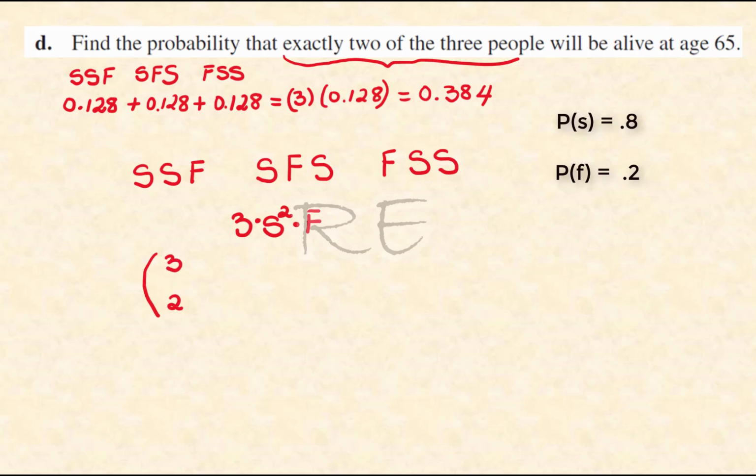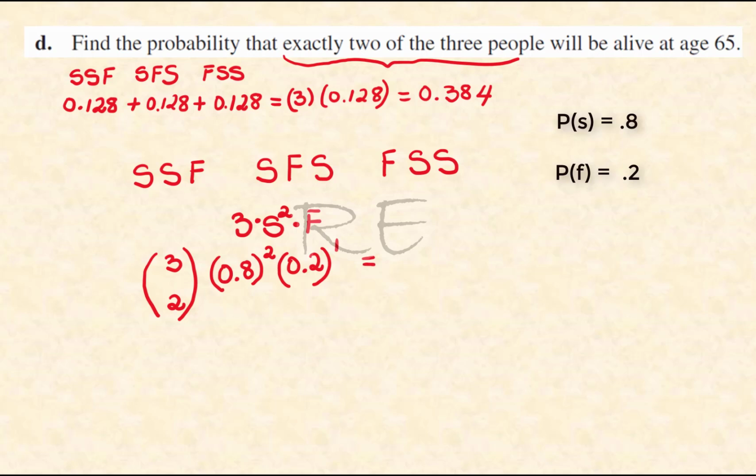Now the 3 comes from 3 choose 2, and that's the binomial coefficient. Remember, 3 choose 2 is a combination. The probability of success is 0.8, so it's going to be 0.8 squared, and the probability of failure is 0.2, to the power 3 minus 2, which is 1.